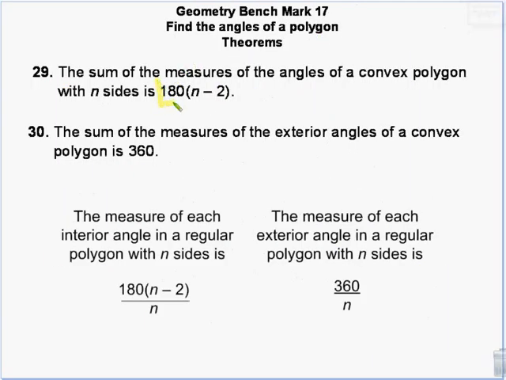You have to have this formula, and this formula, and this formula. Okay? Now, to find the sum of the measures of a convex polygon's angles with n sides, n just means any number of sides. So 2, 3, well, you can't have a polygon with 2 sides. 3 or more sides. 3 is the minimum. You take 180 times the number of sides minus 2.